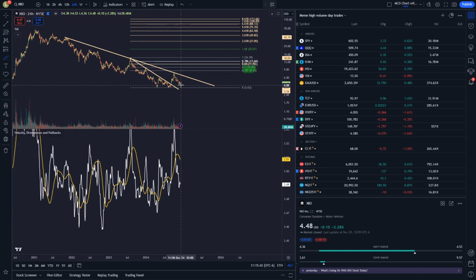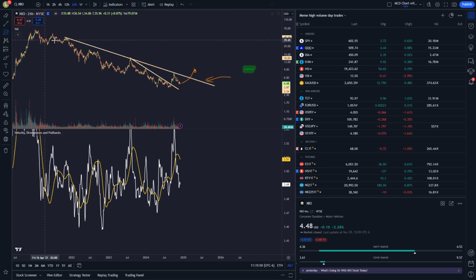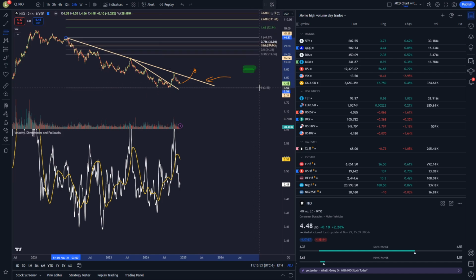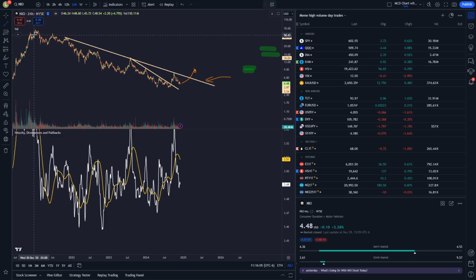Say we get an 8.50 run and now we're at 8.50. Now we're trading above this trend line, and from a technical perspective that opens the gates to 19 and 24. When you open the gates to 19 and 24, guess what? We've got another trend line here.